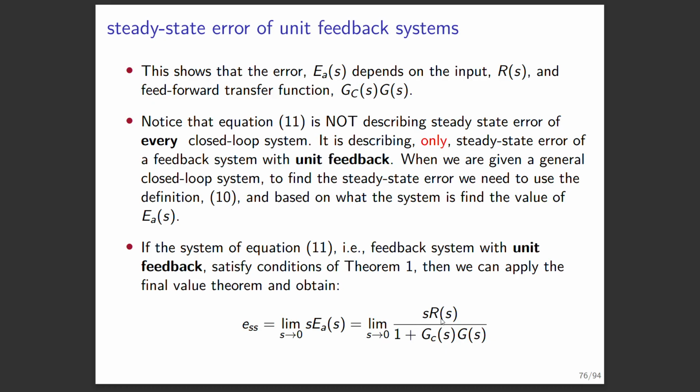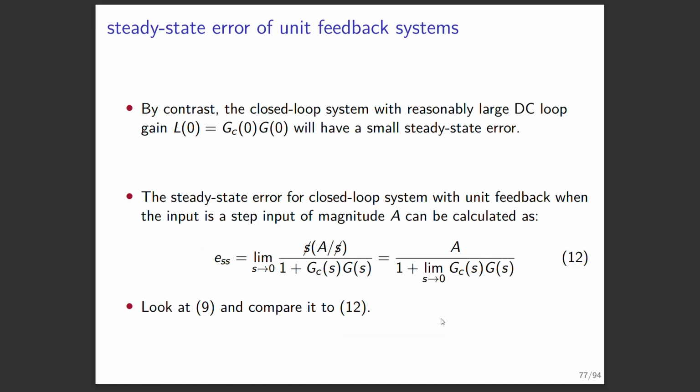Let's substitute R of S with capital A divided by S. If we do that, the S simplifies with S, so we are going to have the limit, with capital A in the numerator, and in the denominator 1 divided by 1 plus GC times G. Now the numerator is just a number, and 1 is just a number, so this limit can come inside and just affects the denominator's term, which is GC times G. Right, so let's see what that means.